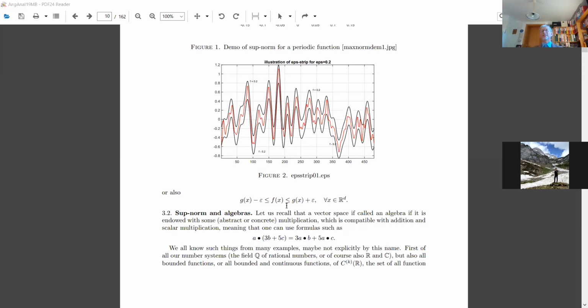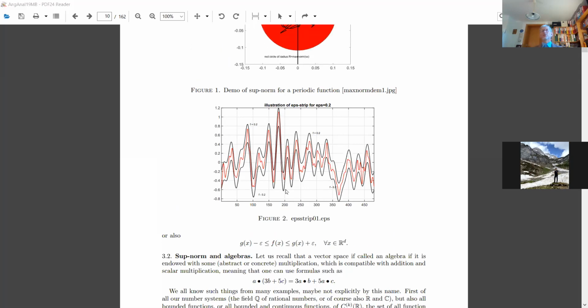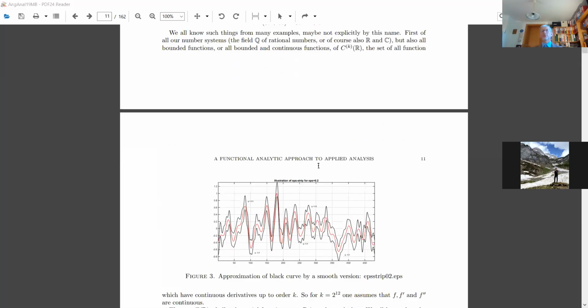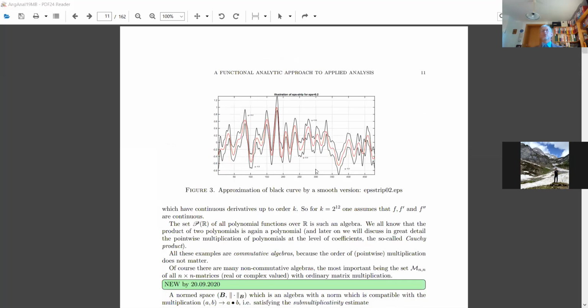But this is, of course, a symmetric relationship. You could also do the same thing by starting with the red curve and taking it plus epsilon and minus epsilon, and then you would say that the originally black curve, the smoother object, is really in between. So the distance from f to g is the same as the distance from g to f. That's obvious because of the absolute value.